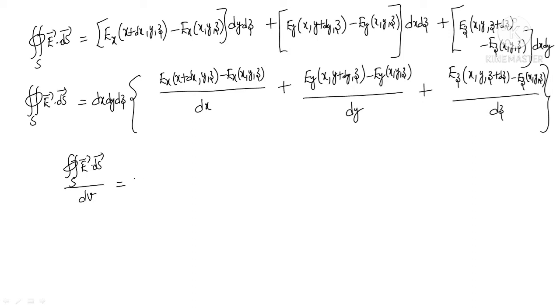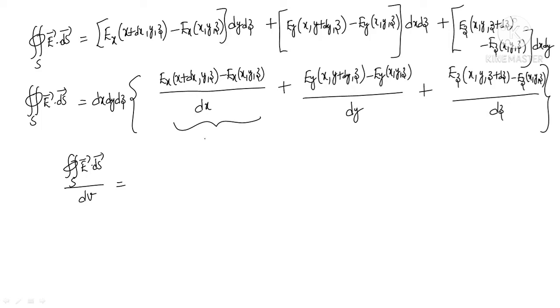It is equal to, what is this term? It is the component of Ex evaluated at x plus dx, y, z and at x, y, z. What this term mathematically gives us is the variation of Ex with respect to x.